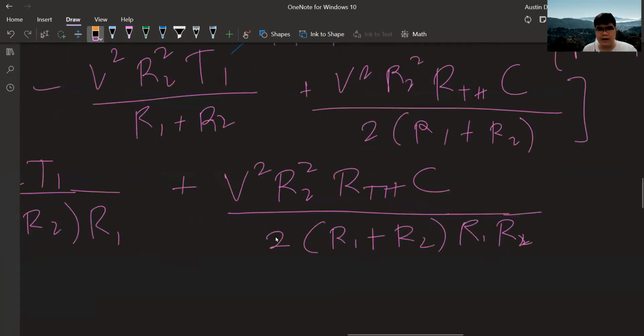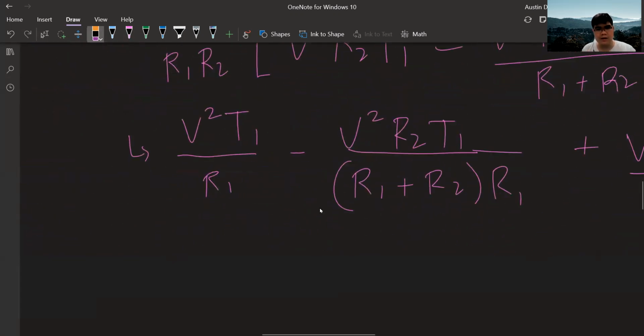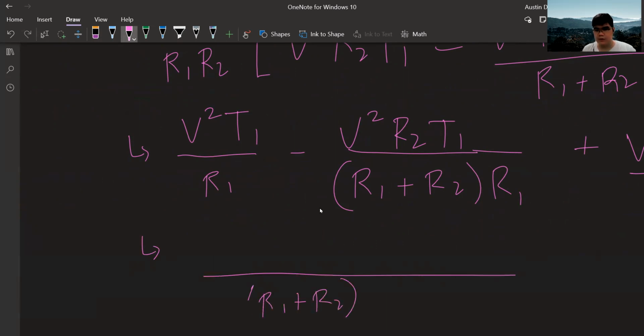Okay, so we have this. Pagsamahin natin itong dalawa. Maybe we can shed some light here. So the denominator is R1 plus R2 R1. Okay, so nothing happens to the second term. And then sa kabila meron, so V squared T1 R1 plus R2.